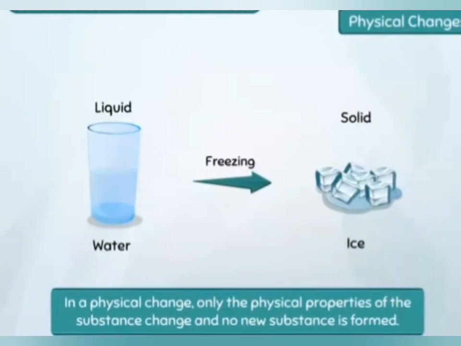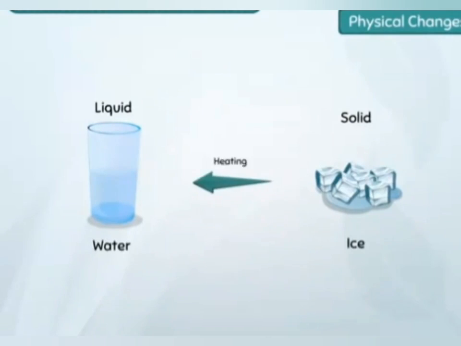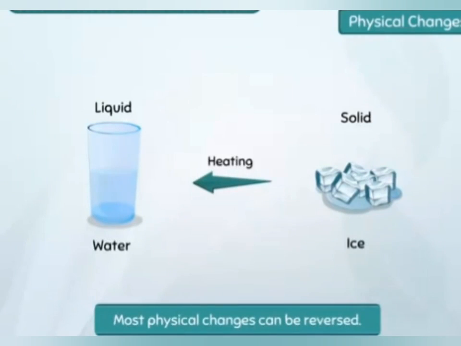Such a change, where only the physical properties of the substance change and no new substance is formed, is called a physical change. The formation of ice can be easily reversed by heating the ice to form water. Most physical changes can be reversed.